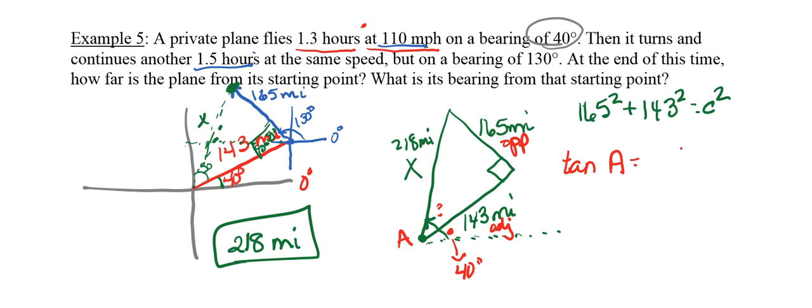So I'm looking for angle A, and I know the relationship for tangent is opposite over adjacent. So if I'm looking for the angle, I actually do the inverse tangent. I can tell my calculator to go ahead and divide those. So inverse tangent of 165 divided by 143. Oh, I'm in radians. See, got to be careful of that. So I got to get it converted real quick.